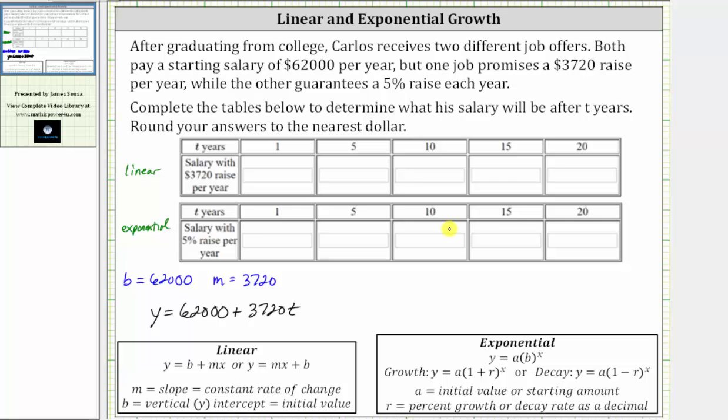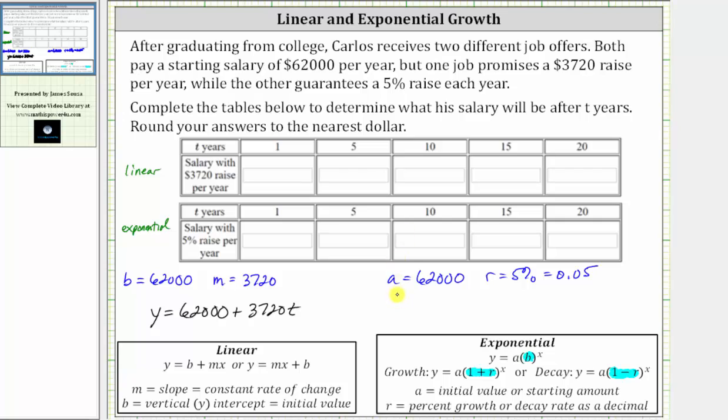So for exponential growth, a is equal to the starting salary of 62,000, and r, the percent growth, is 5% per year, so r is 5%, which as a decimal is 0.05. Because we have growth, the base b is equal to 1 plus r. If we had decay, the base b would be 1 minus r.